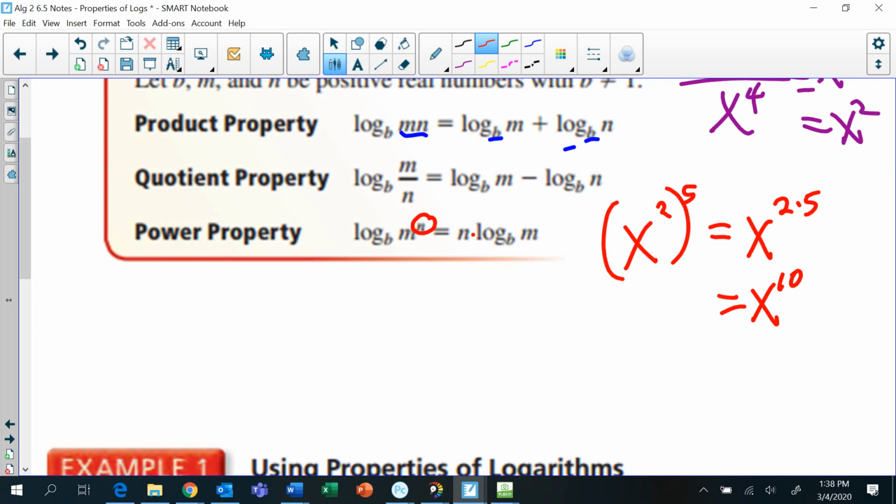Okay, I'll just show you. If I have log base 5 of 7 squared, it'll be 2 multiplied by log base 5 of 7. You just take this and you put it in front with multiplication. Those are the 3 properties we're going to practice today.